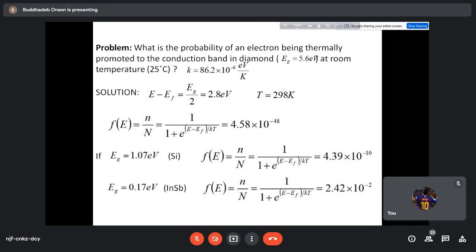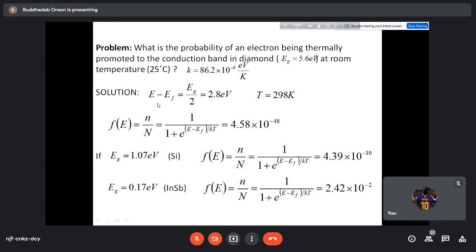So just to give you one idea how this Fermi function will give you the idea of conductivity of the material and how this can be related also with the energy gap. We are trying to have an idea how the number of electrons, small n, which are becoming free, changes with reference to the energy gap.